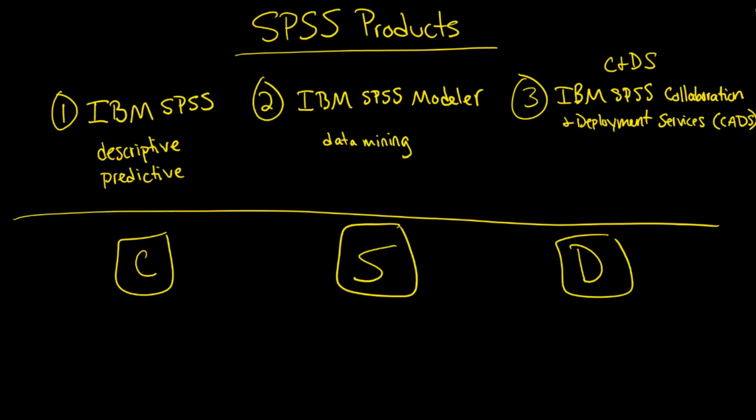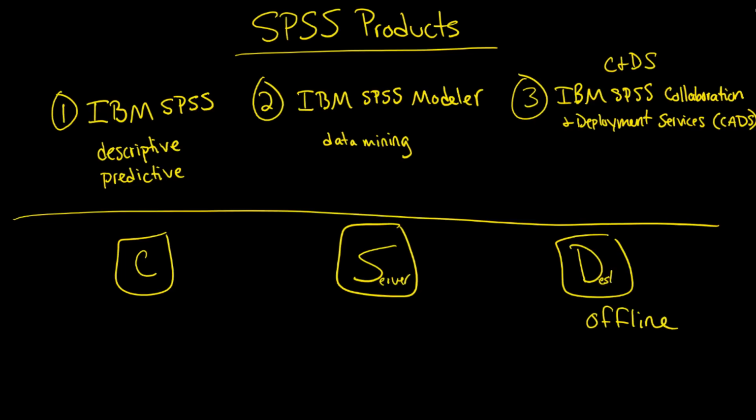The desktop component, you can think of it as the offline version. So, for example, if you have SPSS here, and you have the desktop version of it, what that means is if you install it on your laptop, you can use that on an airplane without any connectivity, or you can use it online when you do have connectivity. But there'd be no server in this case.